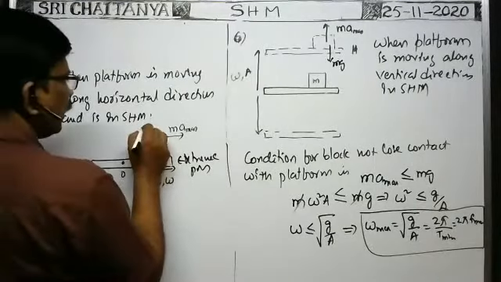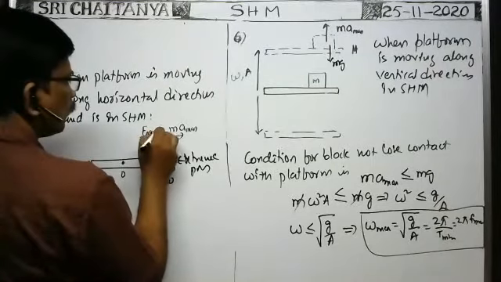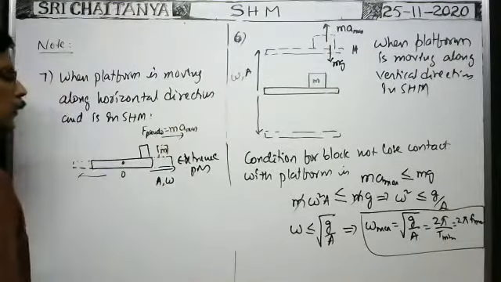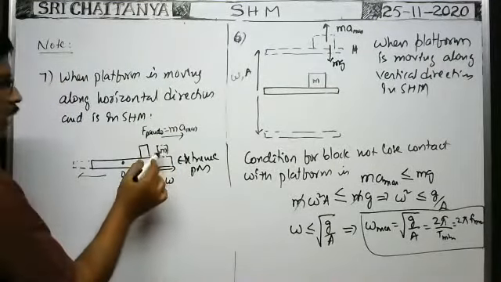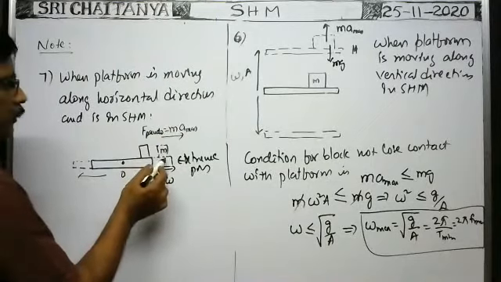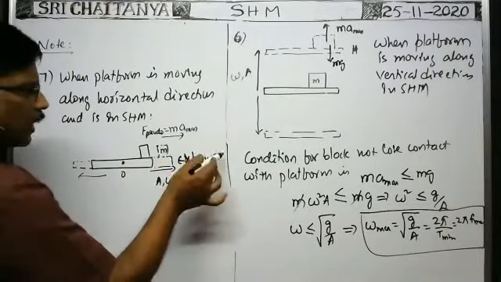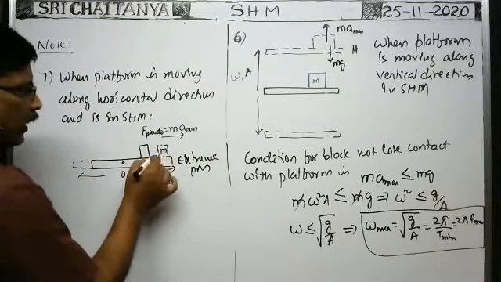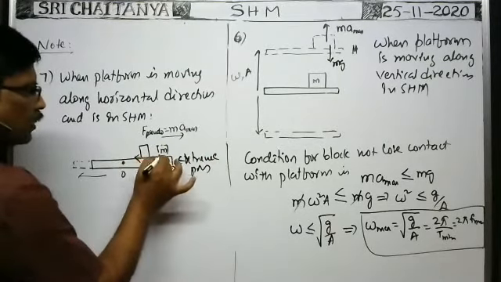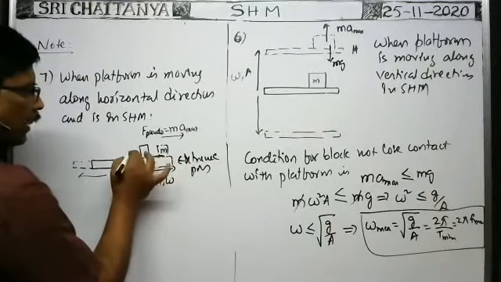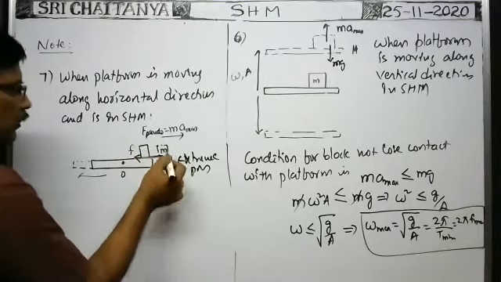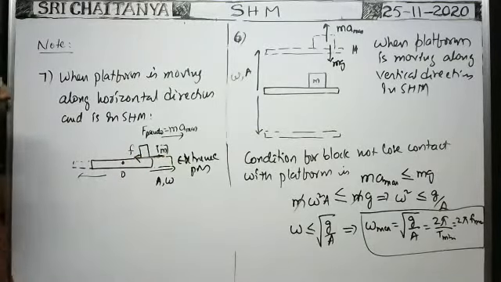It is the pseudo force, F pseudo. Because of the pseudo force, suppose if there is no friction between the block and the platform, immediately the block slips off, no? But it's not happening. That's why at the same time, the frictional force acts on the block due to the platform in the opposite direction.